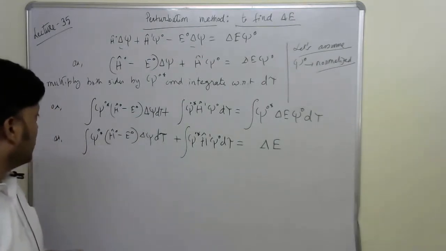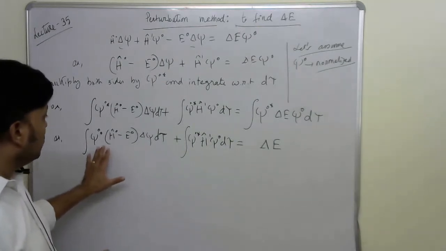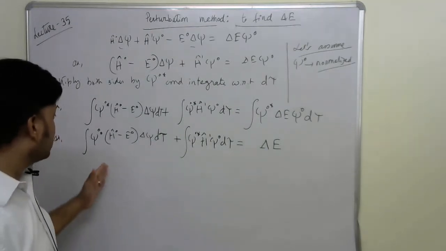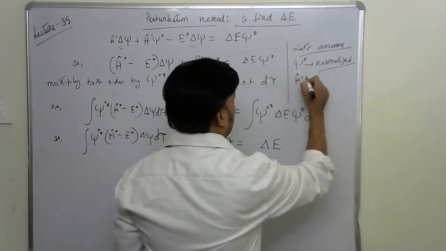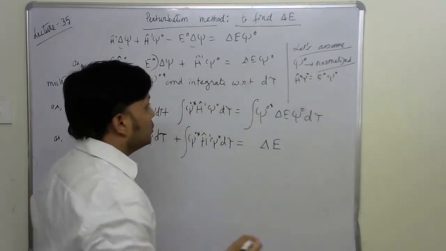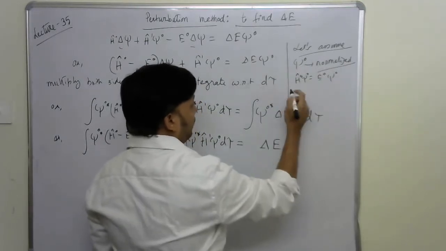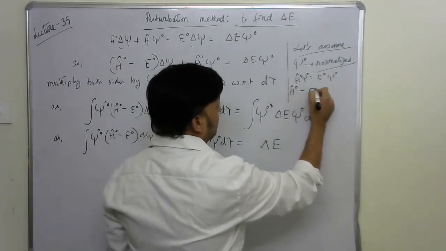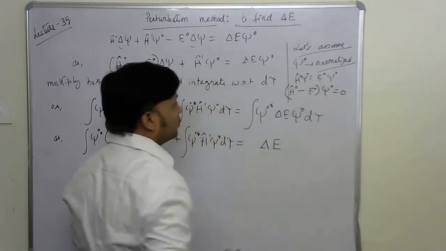Can we change it to something else? Once again, let's take the help of the theorems of quantum mechanics. So you see that we have this equation already. H naught psi naught is equal to E naught psi naught. So of course, we can take this part to the left hand side, or we can simply write (H naught minus E naught) multiplied by psi naught is equal to 0.